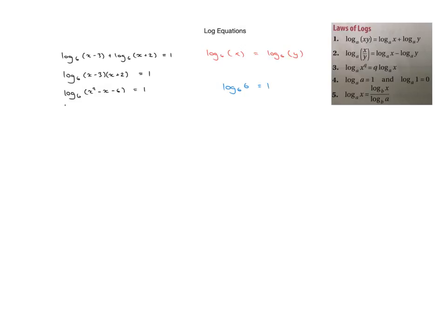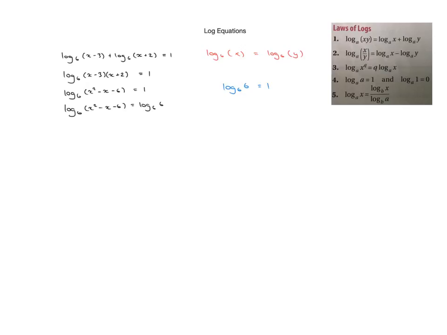So I now have log base 6 of x squared minus x minus 6 is equal to, and now on the right hand side I can change this 1 into log base 6 of 6 because it's equivalent. Those two things are equivalent. I now have the form of what I need.